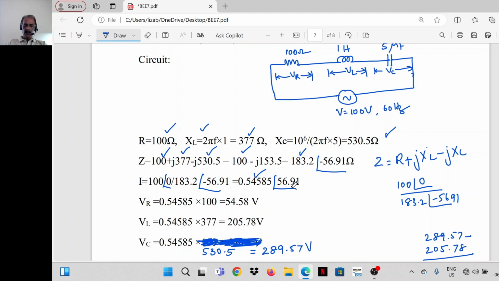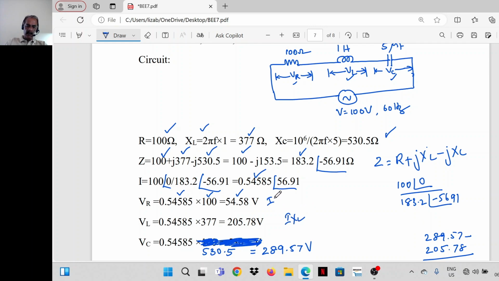So we have to find out the voltage across the resistor, voltage across the inductor, voltage across the capacitor. VR is equal to I into R. So 0.54585 into R, which is 100 ohm, that is 54.58 volts. Then VL is equal to I into XL.